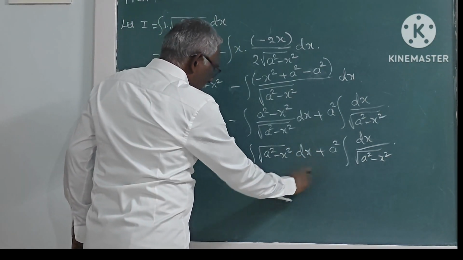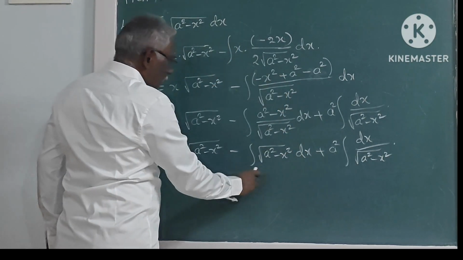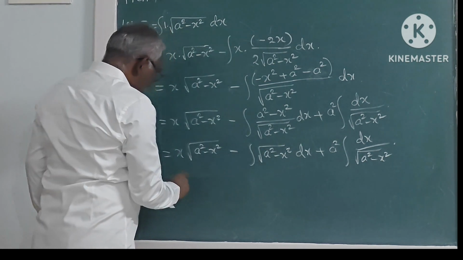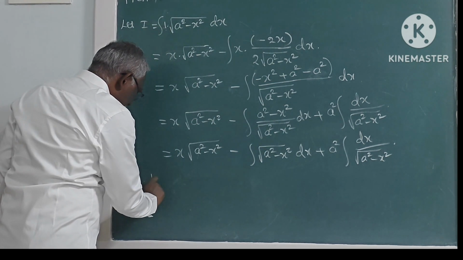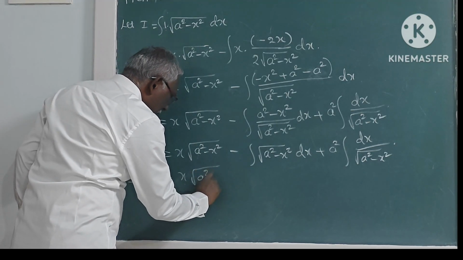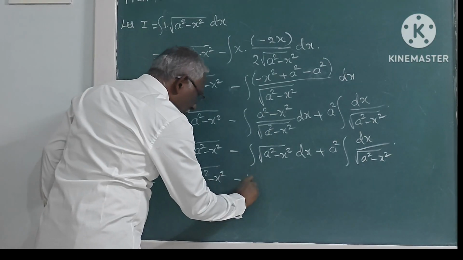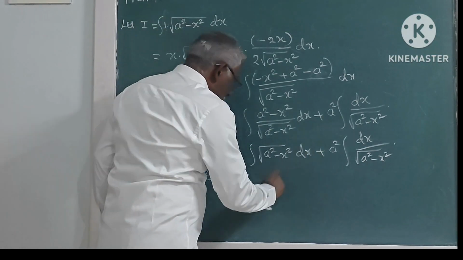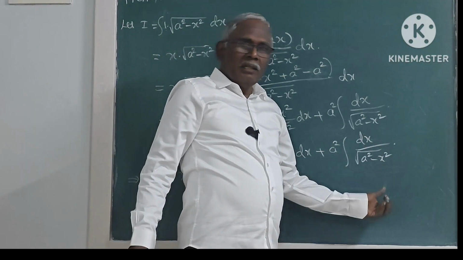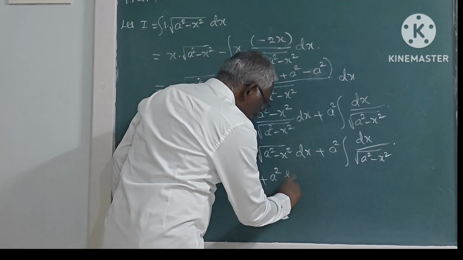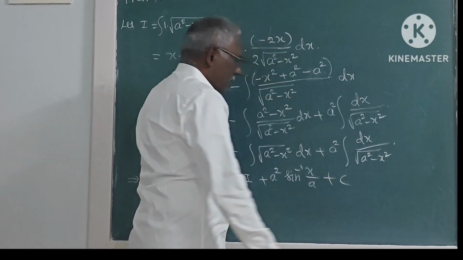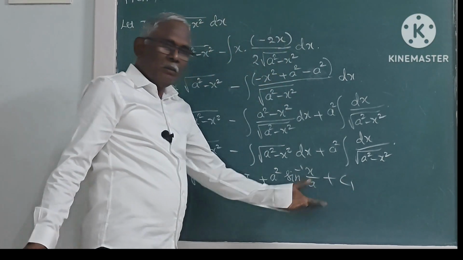So how to evaluate this integral? This is nothing but I. So for this we can write, I is equal to x into square root of a square minus x square minus I, is I only, plus a square. Value of this integral is sine inverse x by a plus constant, plus some other constant.